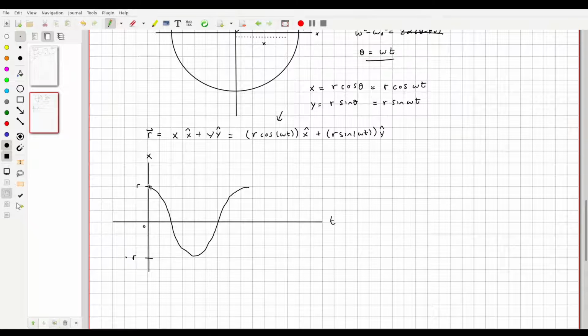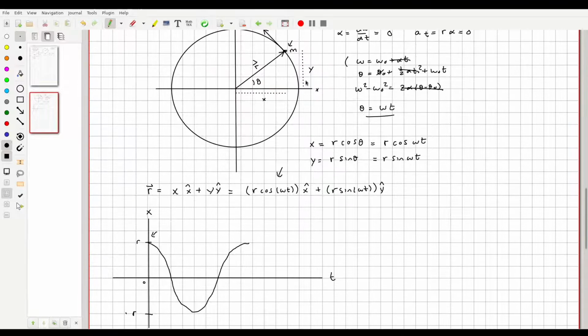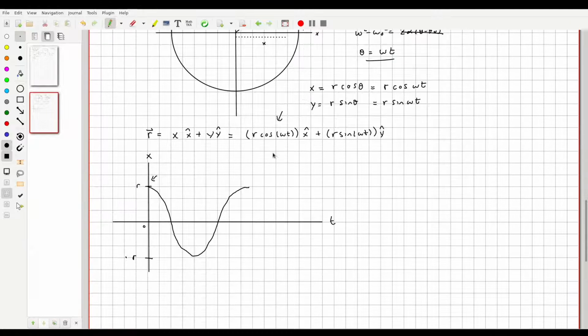And the amount of time it would take for you to go from r along x to cross 0. So r along x to 0 to minus r, back to 0 to r. That amount of time to get from here to here would be a period. Okay?